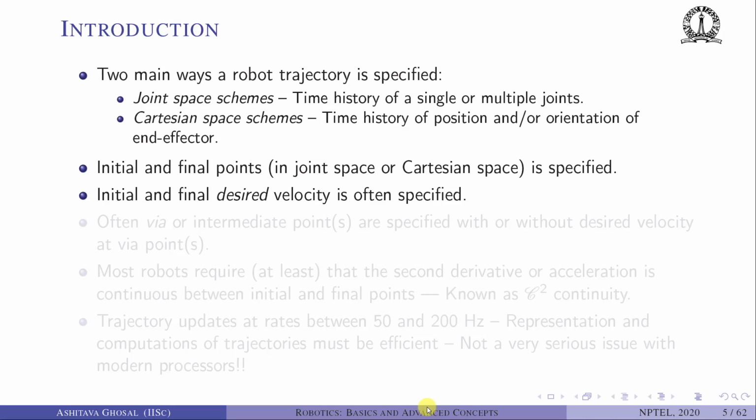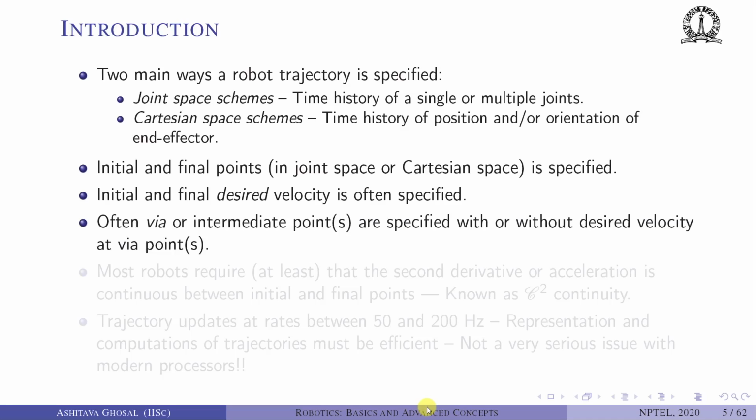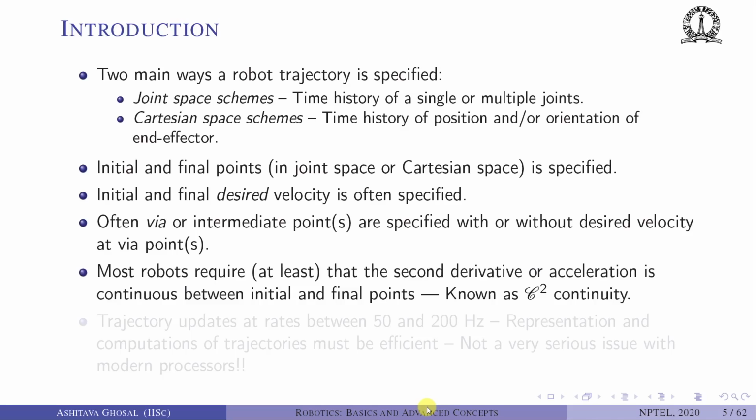The initial and final points in joint space or Cartesian space are specified. Often the initial and final desired velocity is also specified. Additionally, sometimes via or intermediate points are specified, and these come in 2 varieties: with the desired velocity at the via points or without the desired velocity at the via point.